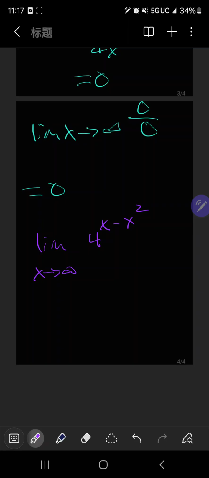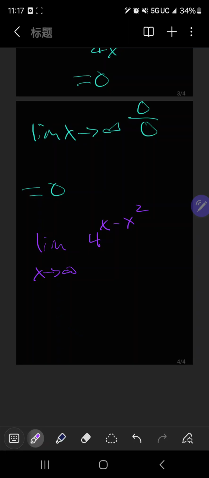We can see that x is approaching infinity, but x minus x squared is actually going to be approaching negative infinity, because the x squared is going much faster and quicker than x. So what does that mean?